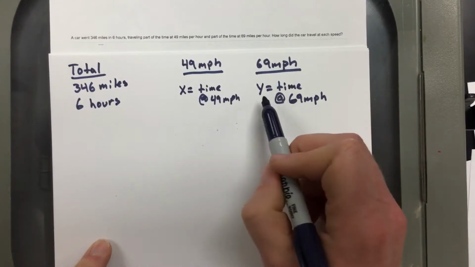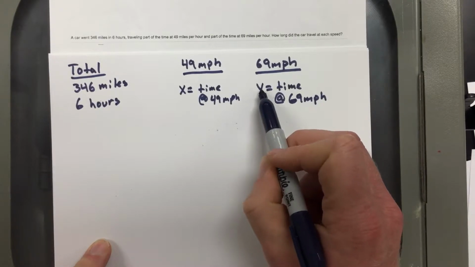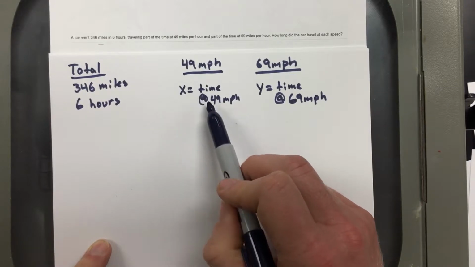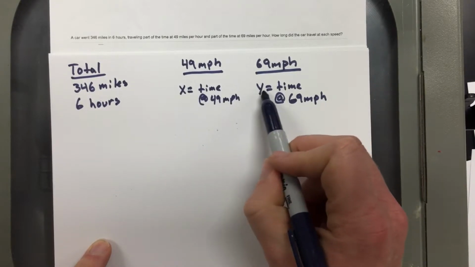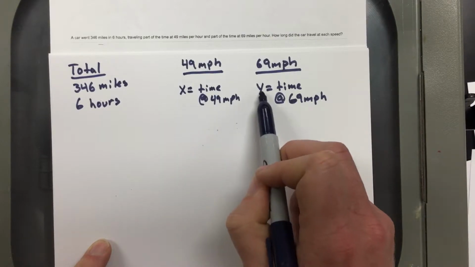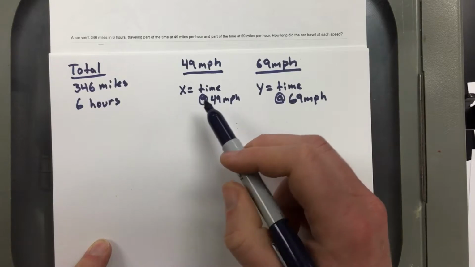So instead of writing y as a separate variable, we want to actually write y in terms of the variable x. We know x is the time at 49 miles per hour. We want to write y in terms of x, so that we can represent y with an expression which has x in it.